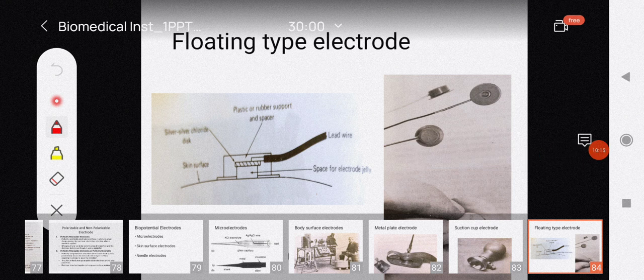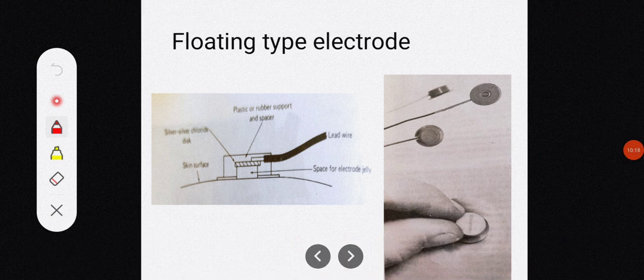So as you can see here, this is the floating type skin electrode. This is the cross section diagram of the floating type skin electrode. Here you can see this portion, this is the metal, and this one is the electrolyte jelly, which is placed in between the metal and the skin surface.